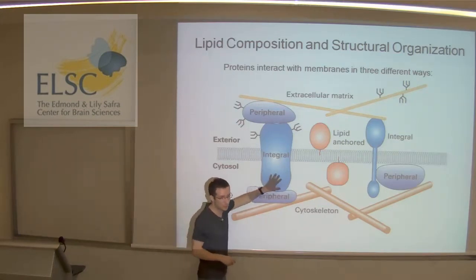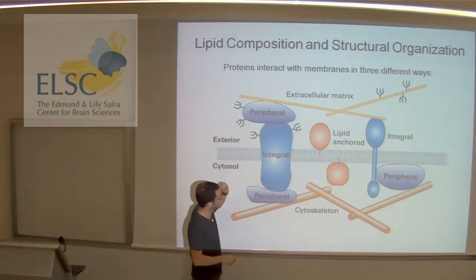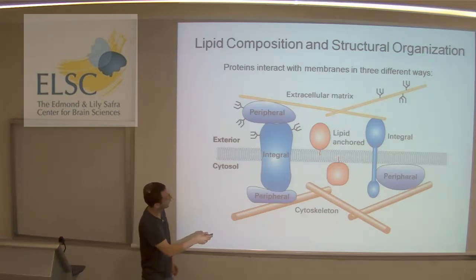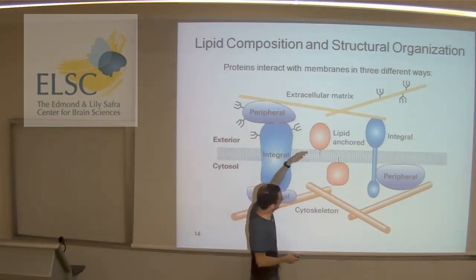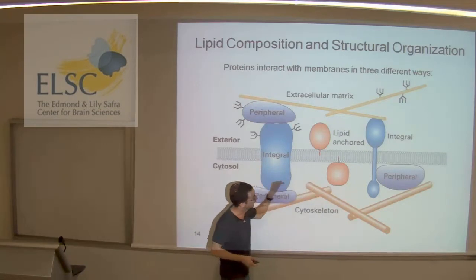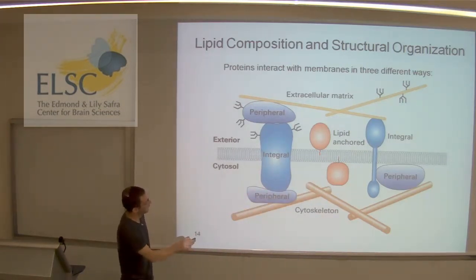So, for instance, ion channels and other proteins are of this type. They can also be harbored to the membrane, but not protrude to the other side. They will be harbored to a lipid, and then they will move together with the ocean of lipids.